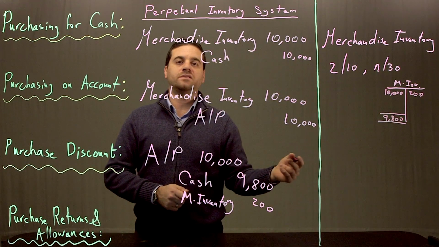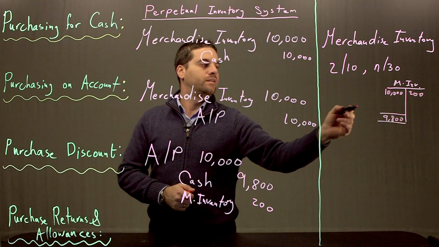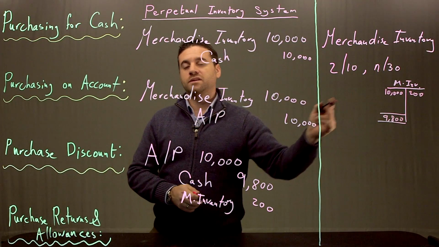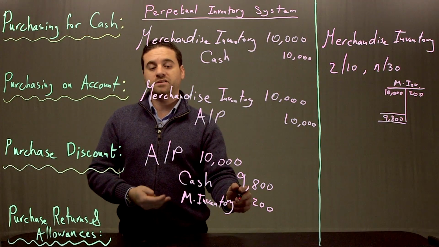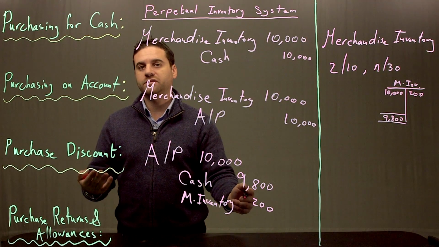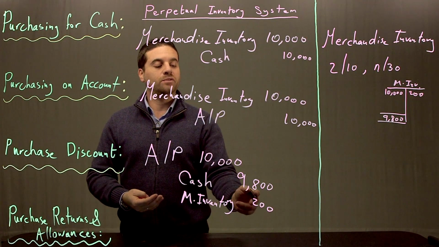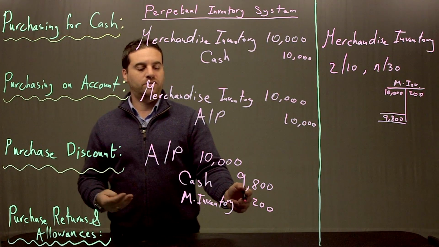That means that the merchandise inventory cost me $9,800, not $10,000. And that's true because we got a $200 discount. So remember, I'm not decreasing the quantity. I'm not saying that I sold one of them or I returned one of them. I'm just saying that I'm decreasing the cost by $200.